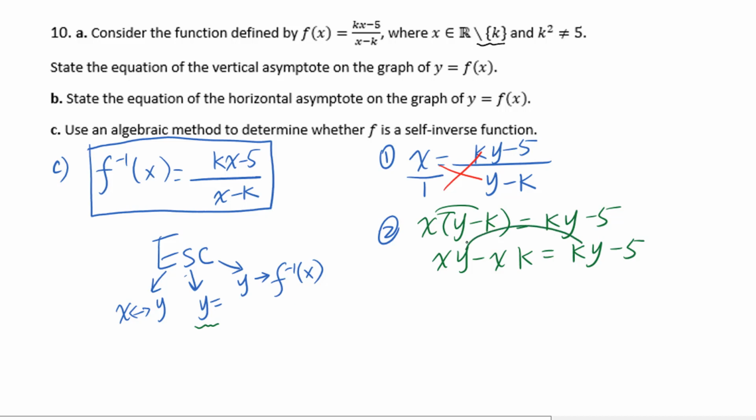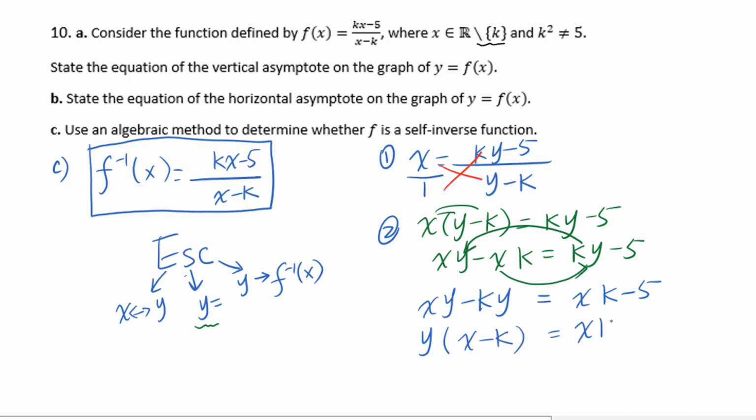So this one crosses to the left side, this one crosses to the right side. You will get xy minus ky equals xk minus 5. Then common factor this y: y times x minus k equals xk minus 5.